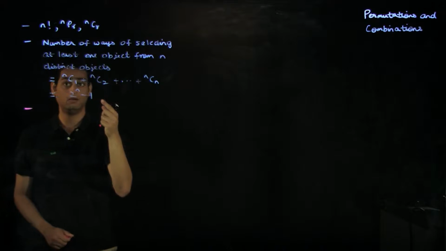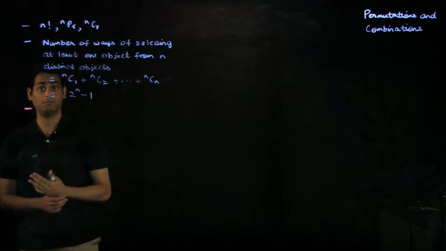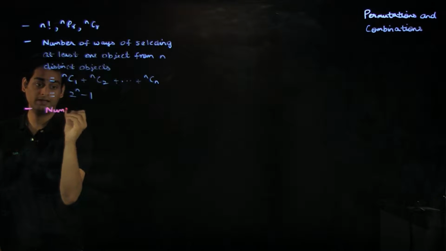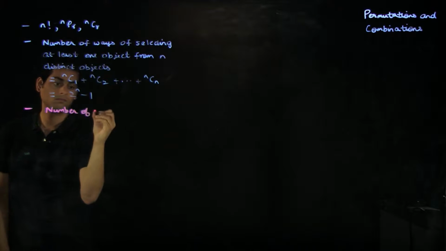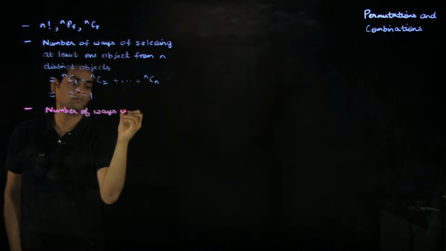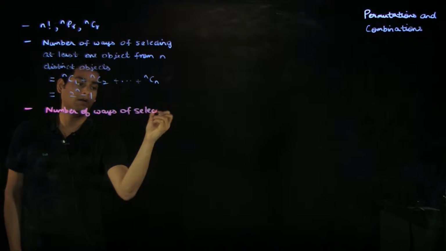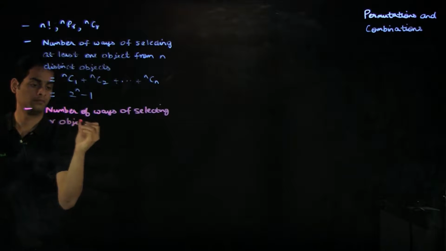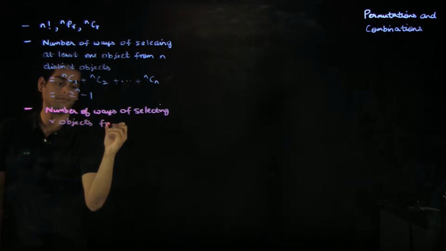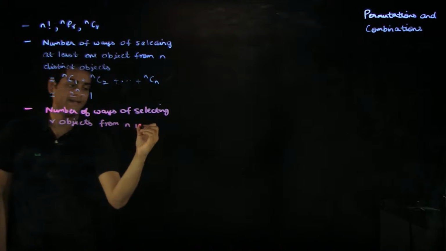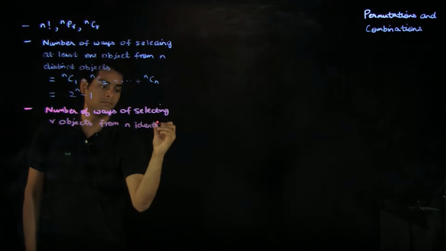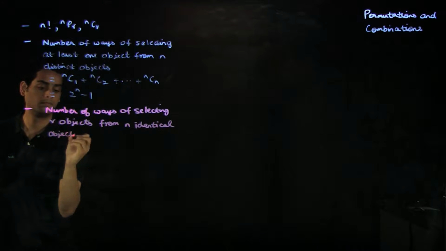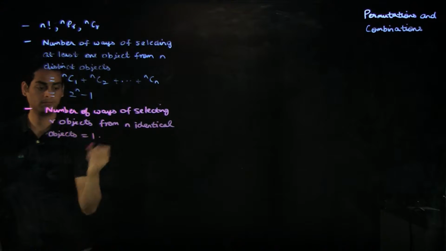So far we've only looked at the number of ways of selecting objects from distinct objects, whereas the number of ways of selecting r objects from n identical objects is just equal to 1.